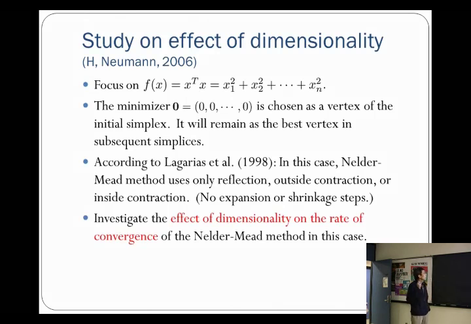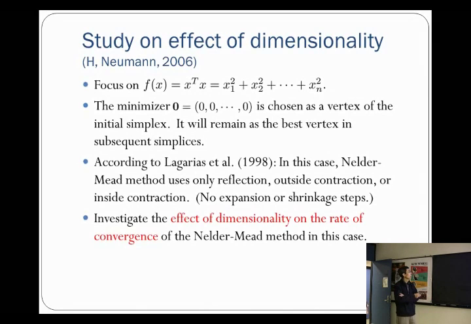So this motivated us to study the effect of dimensionality on this particular method, because we discussed the limited convergence results we have. So we decided to focus on this function. We know Nelder Mead is inefficient when n is high here. We already illustrated that.